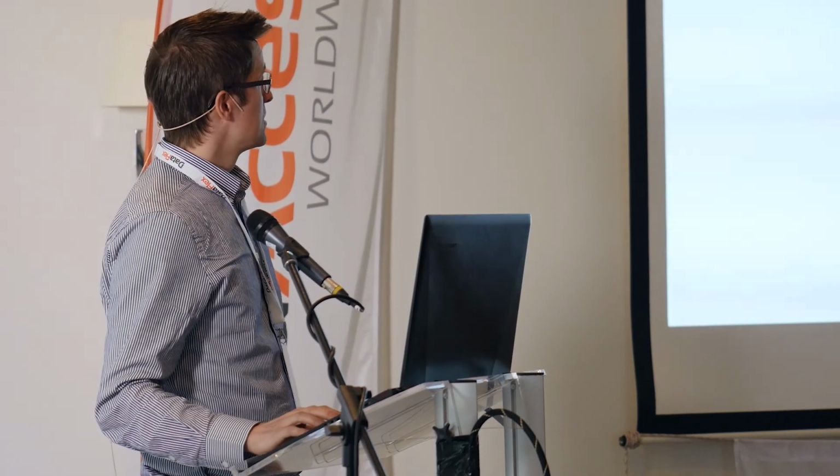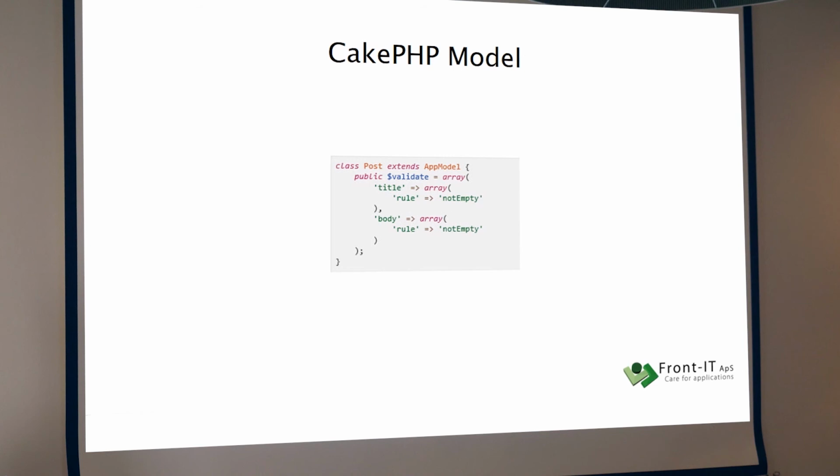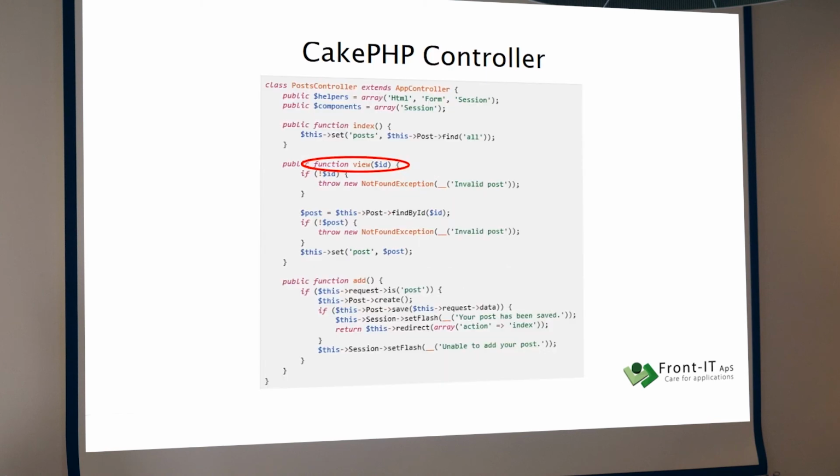So this is basically a model from CakePHP, where you have some validations. And if you go on to the controller, there's a sample of a function view, and you have a function add when you click the add button down below. So this is the controller file or class.